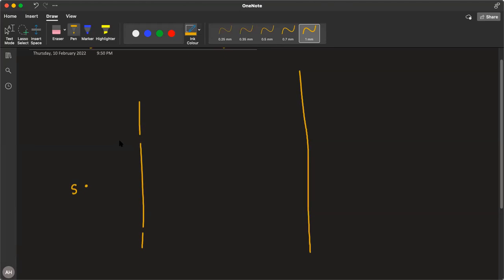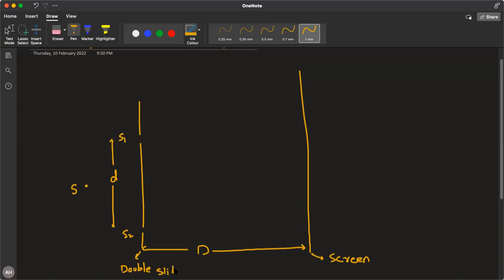The separation between the two slits, S1 and S2, we call small d. And the separation between the double slit and the screen is capital D. This is the screen, this is the double slit, and this is the single slit.